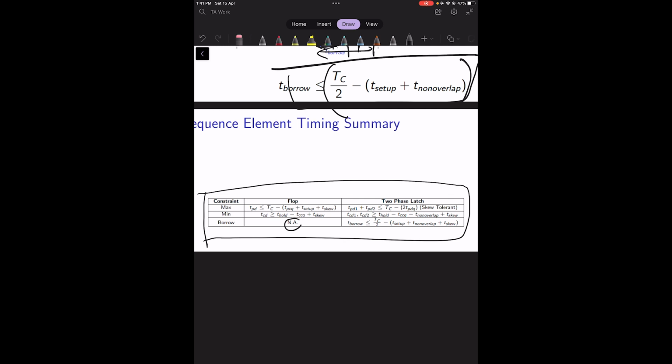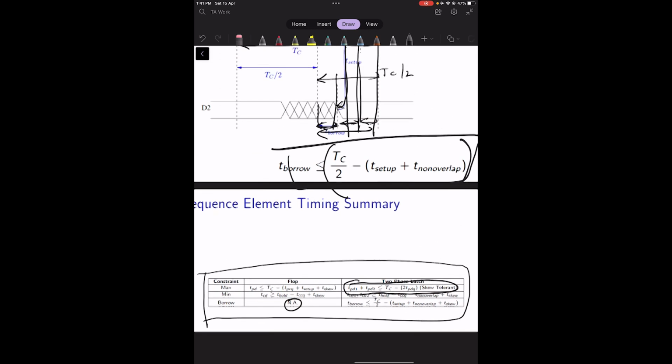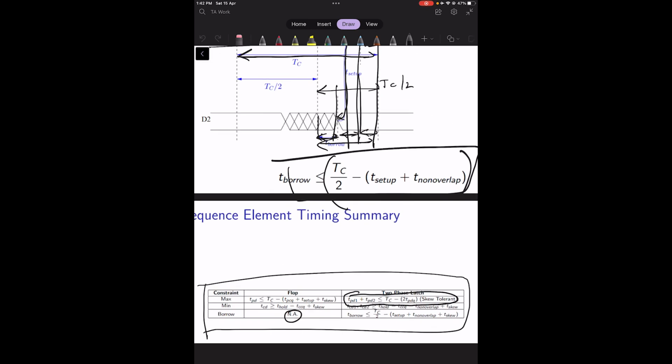Note that the flip-flop cannot borrow time because it has to be ready. It's not a level triggered device, rather an edge triggered device, so it cannot borrow time from the next phase, right? And also it is said that the two-phase latch system is skew tolerant. The reason being, again, you can allow a certain amount of time borrowing.